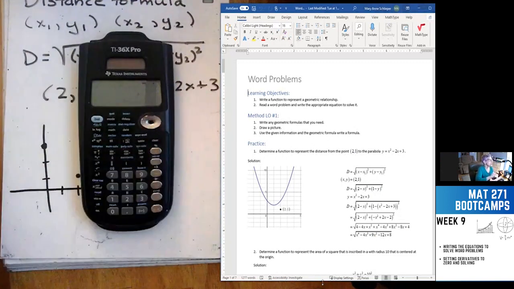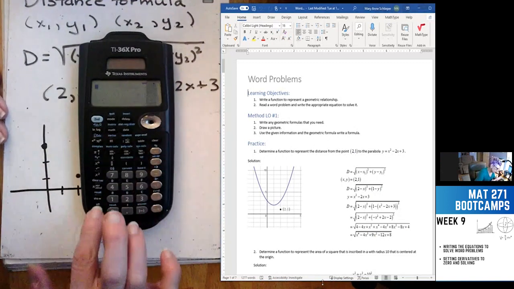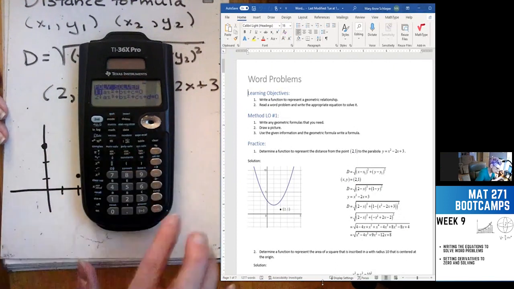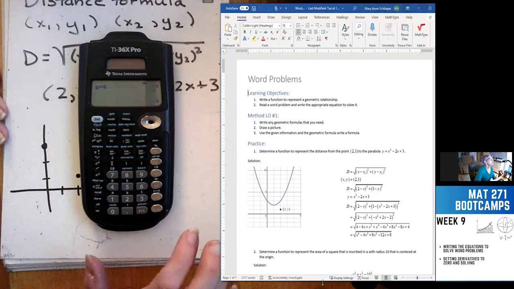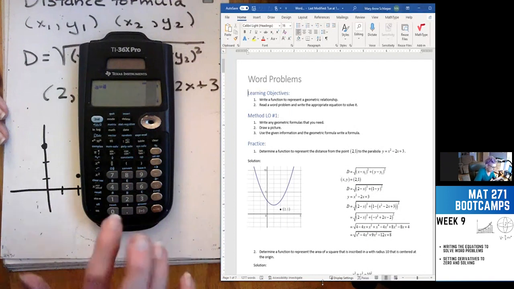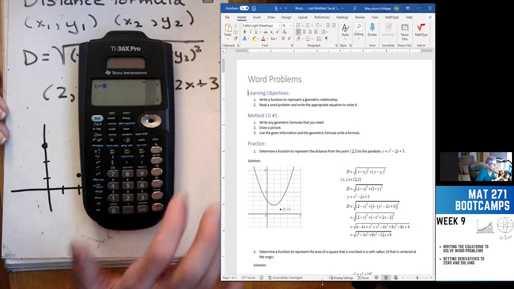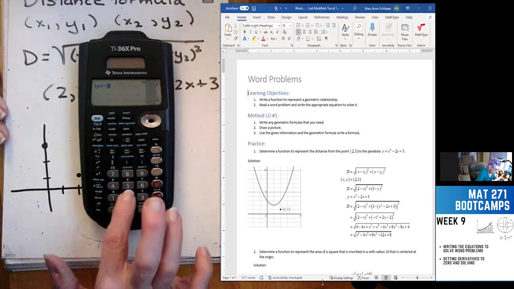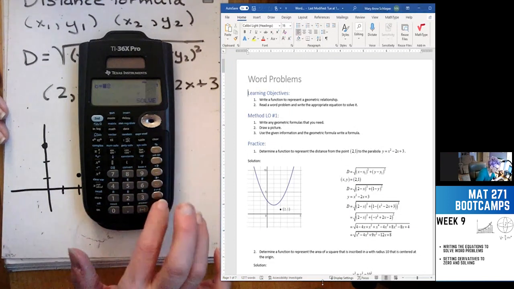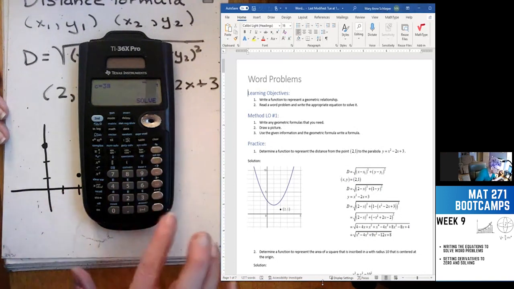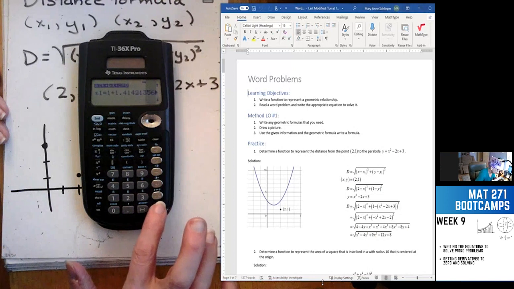You can go to your polysolve button, and you have to press second to get to polysolve. Put your quadratic in there. So 1, clear out the old stuff, -2, clear out the old stuff, 3. You know that it's an upward facing parabola.